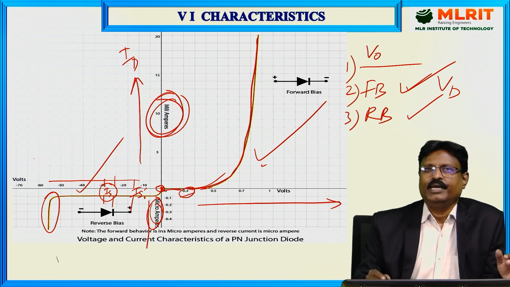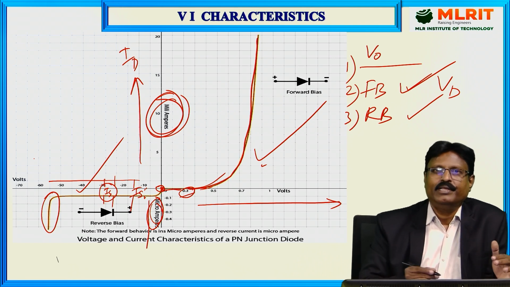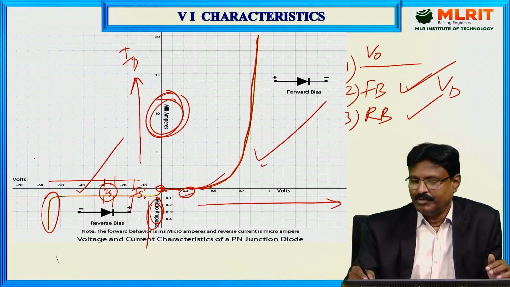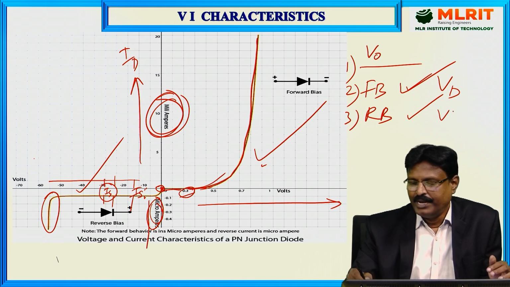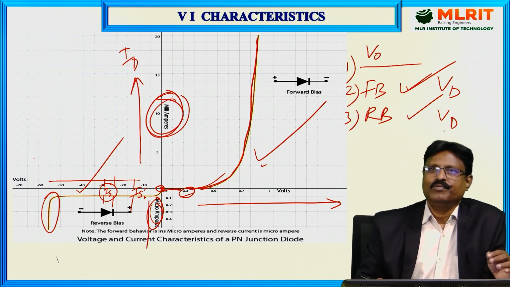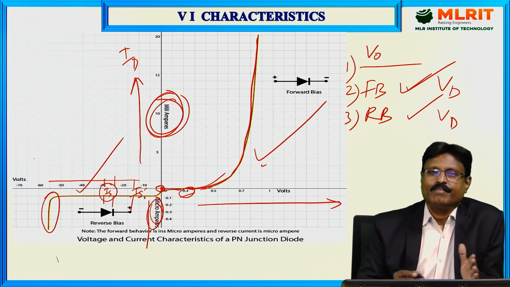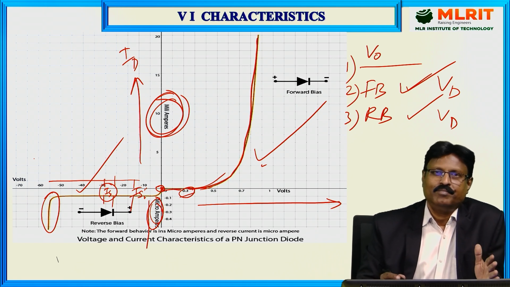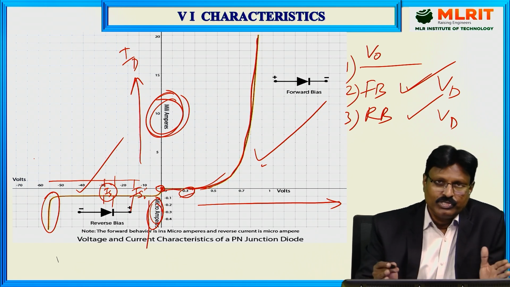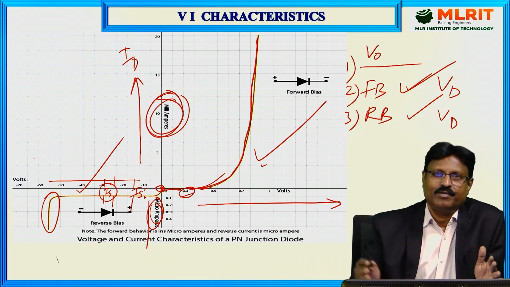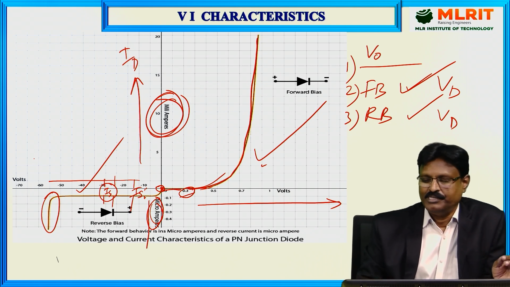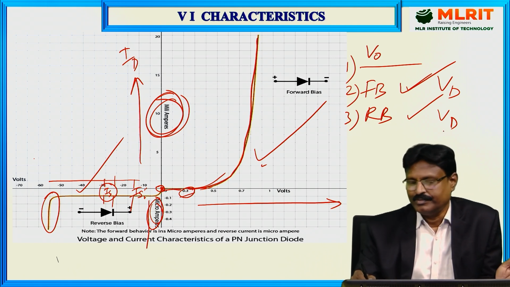That means it wants to eliminate the barrier potential. Whereas in the reverse bias, the applied reverse bias voltage grows the depletion region further. That means no current will be flown.